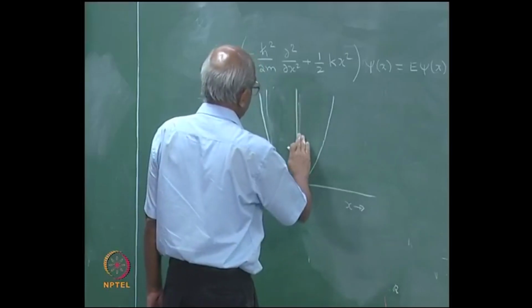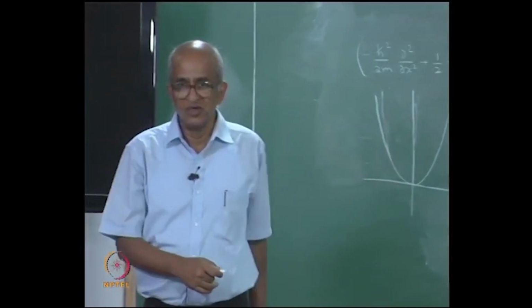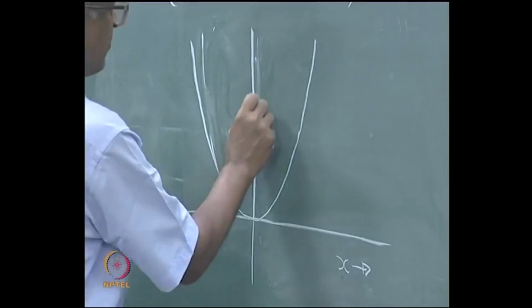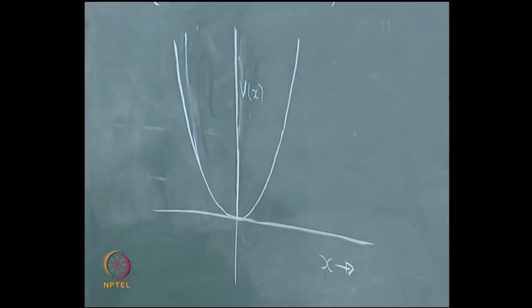Okay, that is probably the best parabola that I can draw. So it has this appearance. This is V of x plotted as a function of x.